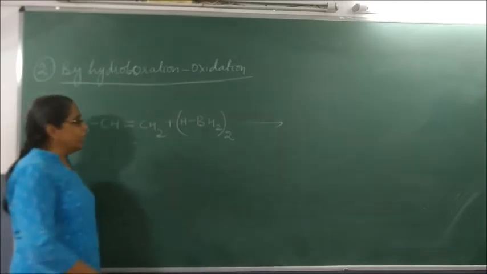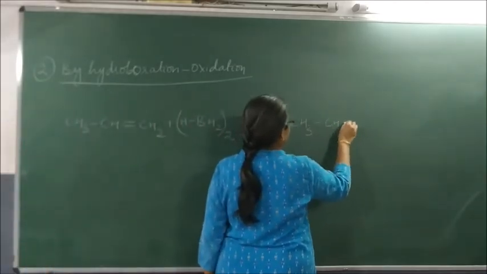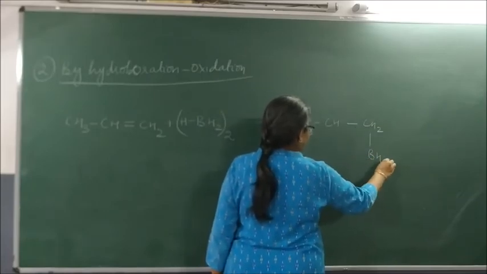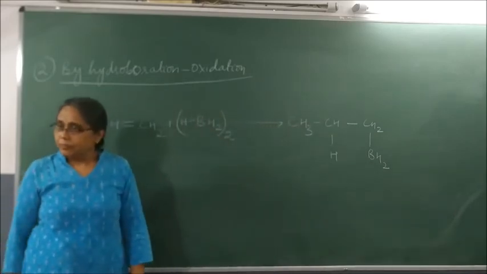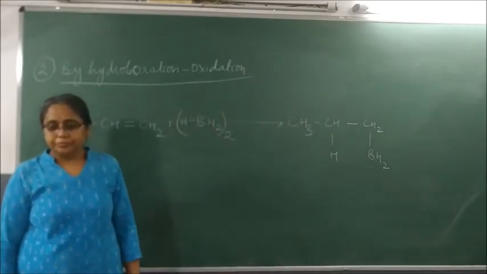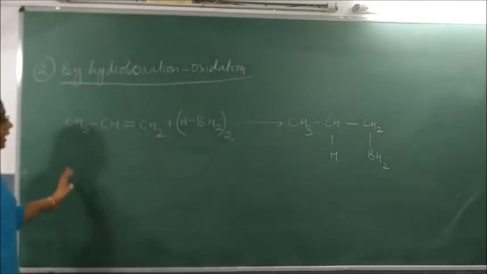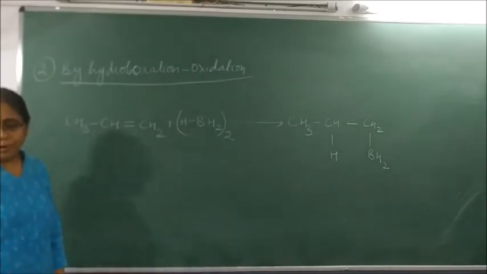So you will get CH3, CH2, CH2, here it will be BH2 and here it will be H. Write the first step. I just added, now I will start replacing. It is an intermediate compound.